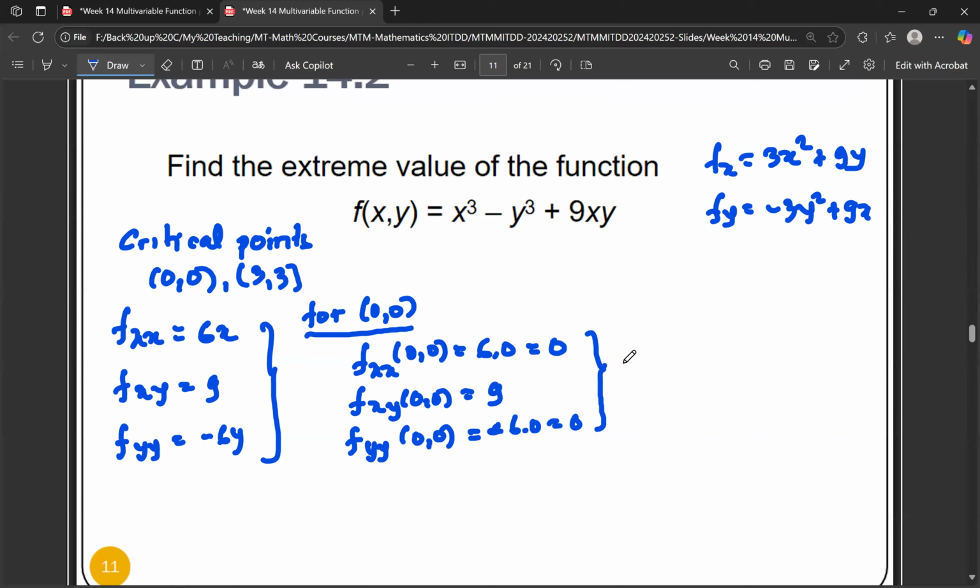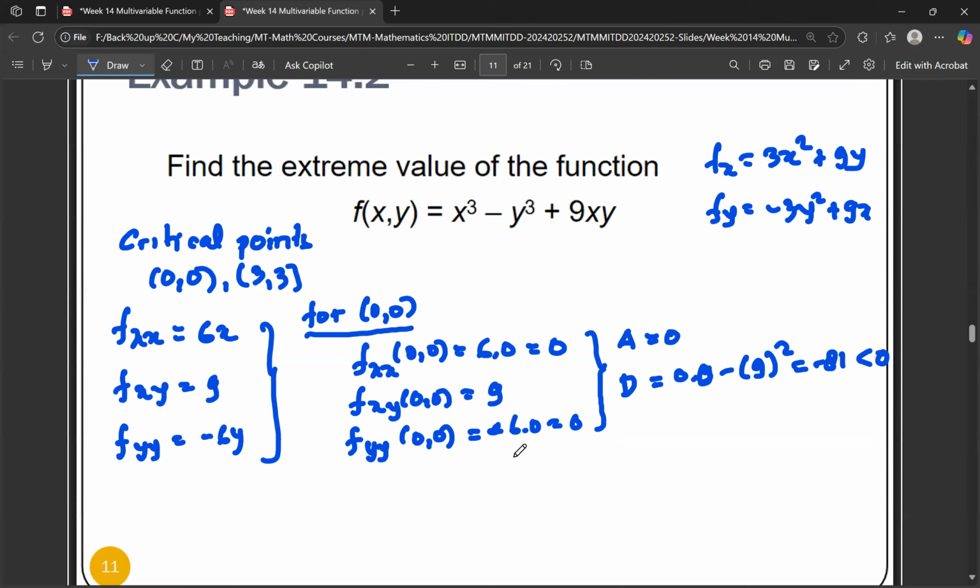So we have that a is equal to 0, and we have no clue about the extreme value in this case. D is equal to 0 times 0 times 0 minus 9 square minus 81, and this is less than 0.